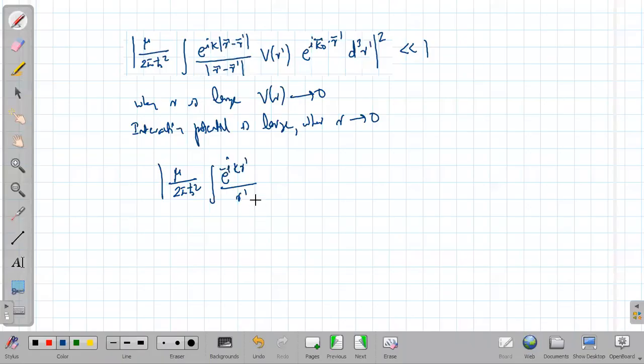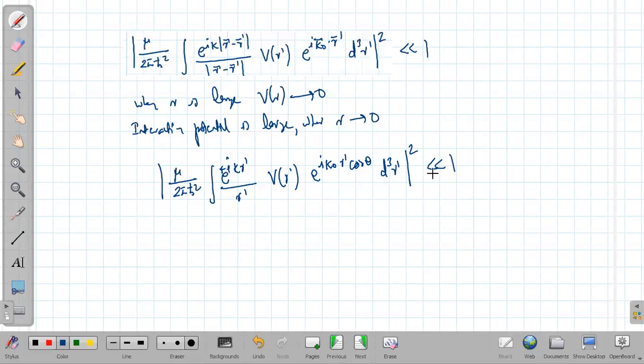There is no need to put minus because of the modulus of r minus r prime. So when r tends to 0, the modulus of minus r prime would be plus r prime. So e raised to i k r prime divided by r prime, and then V of r prime, e raised to i k0 dot r prime. I can write e raised to i k0 r prime cos theta, then d cube r prime, mod square.